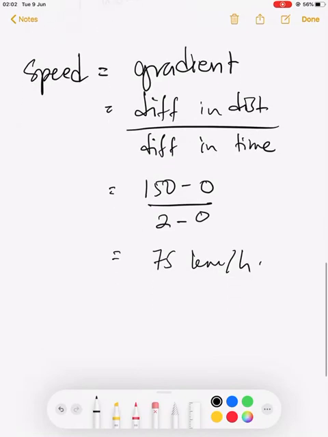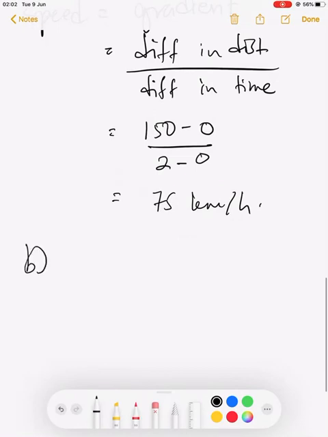Next, question B. Describe the motion. How do we describe the motion? First, we talk about the speed of the car. What can we say about the speed of the car for the last 90 minutes?